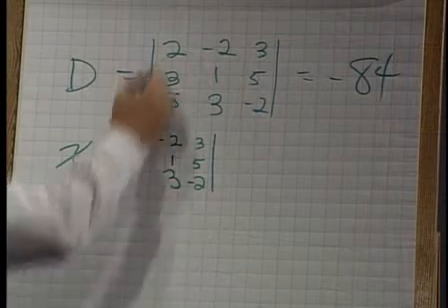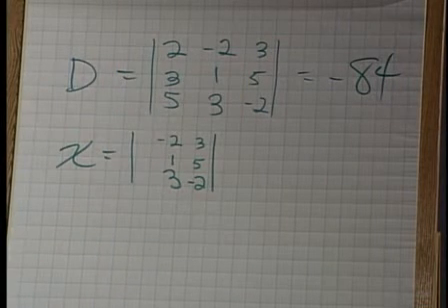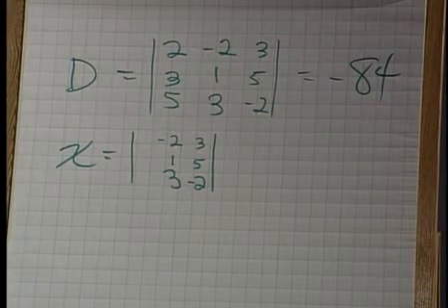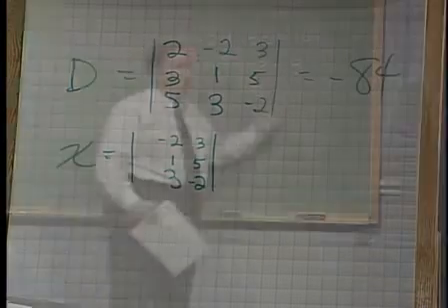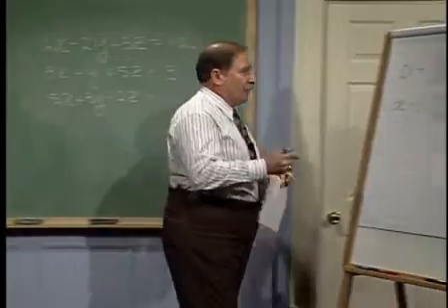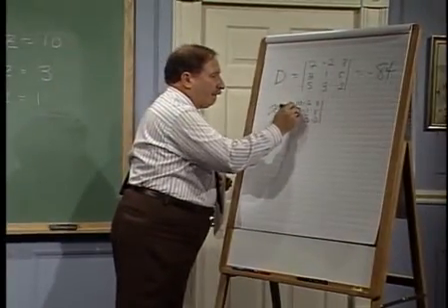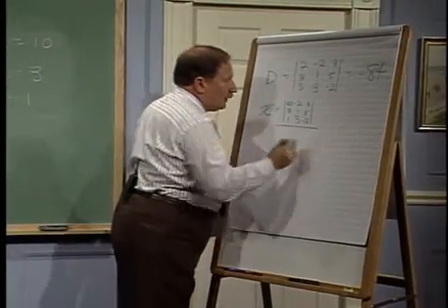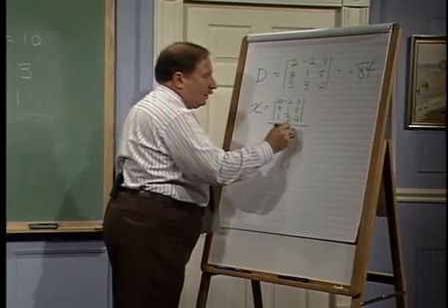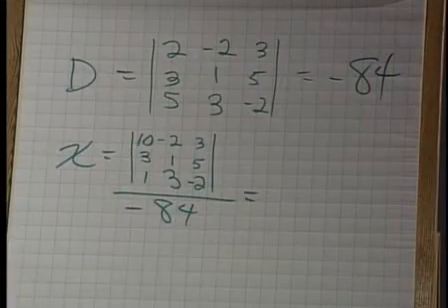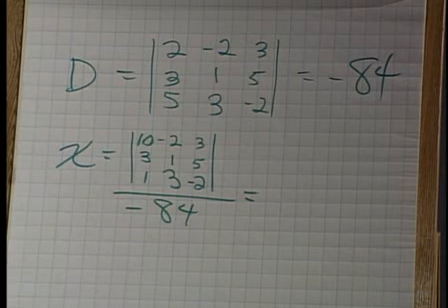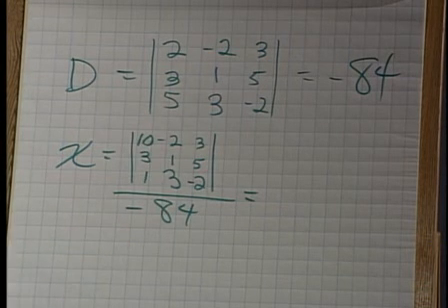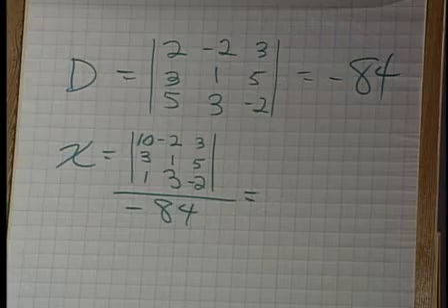And replace this first column, the x coefficients, with the numbers right here, 10, 3, and 1. That is the numbers on the other side of equals. Find that determinant and divide it by negative 84. In fact, why don't you do that? Why don't you find that determinant, divide it by negative 84, and see what you get for x. Stop the tape.